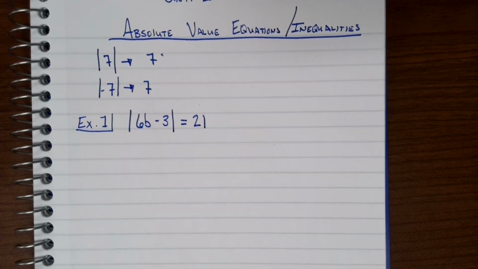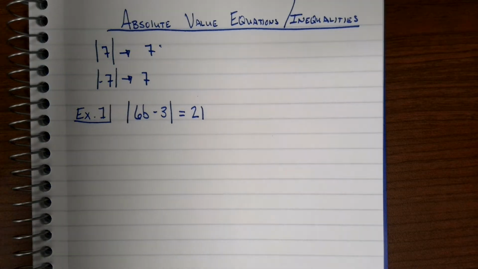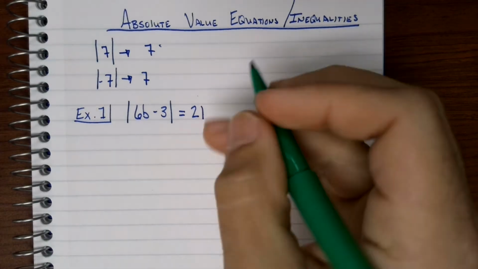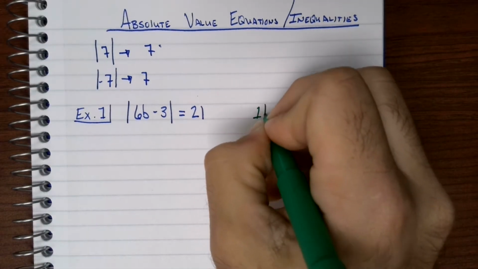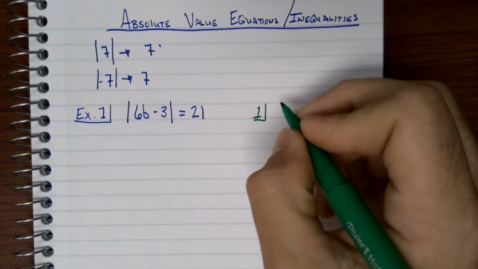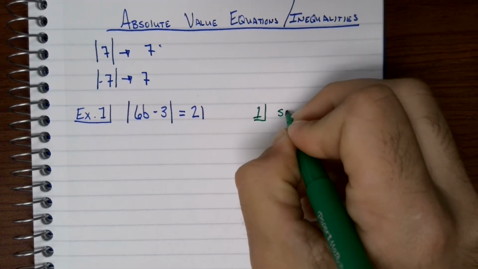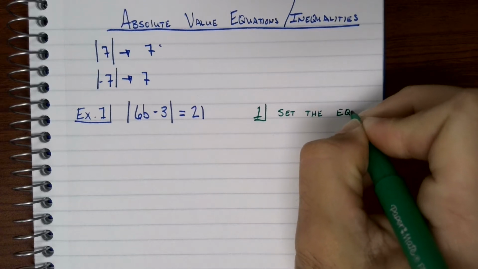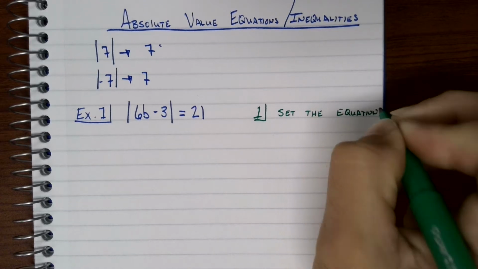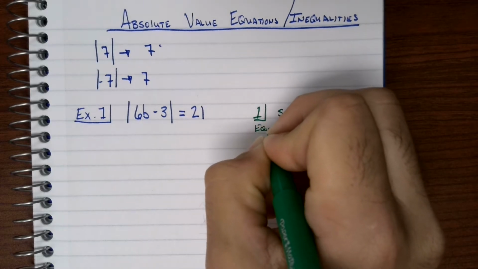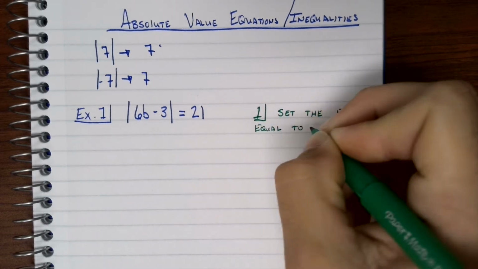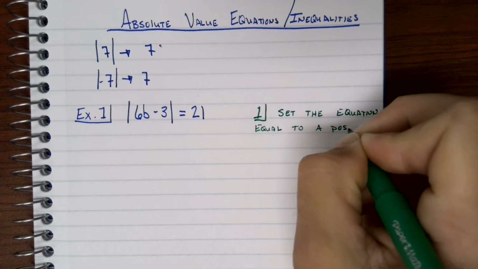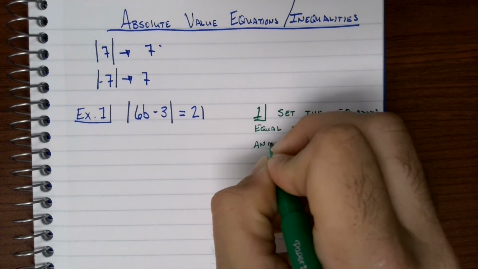So the first thing we're going to do, step 1, is set the equation equal to a positive and negative solution.